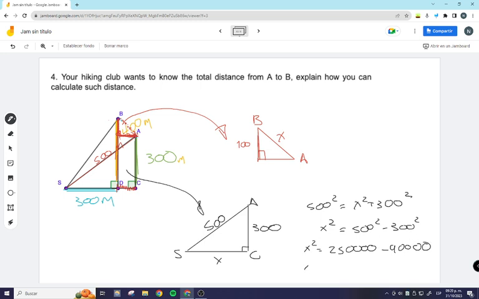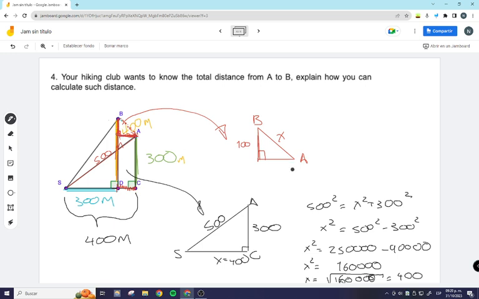And x squared is 160,000. And if we do the square root of that, we will find that it's 400. Yeah, x is 400. So this whole distance is 400 meters. So what is the red one that we wanted? It's 400 meters minus 300, which is 100. So this distance from D to C is 100.